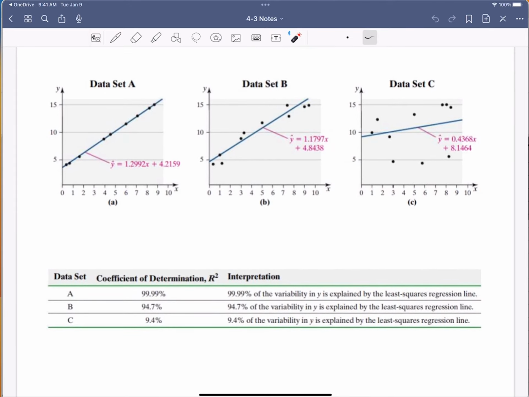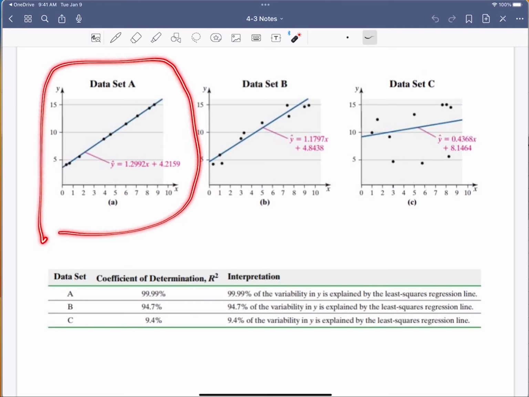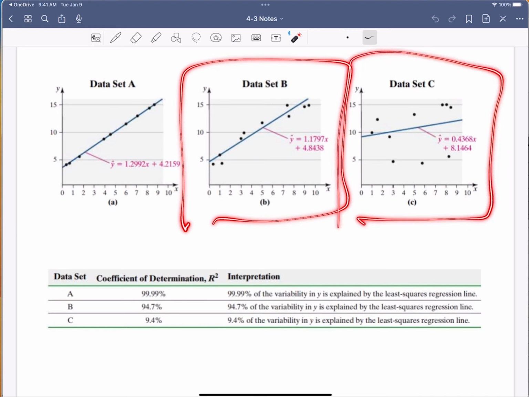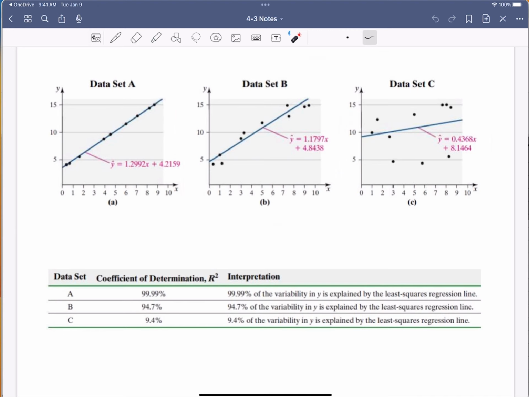Within those data values, let me get my pointer. Oh, I've got it. Set A graphed, set B graphed, and set C graphed in there. All right, so here is data set A, B, and C, and they all have that linear regression line that goes with those different data points.